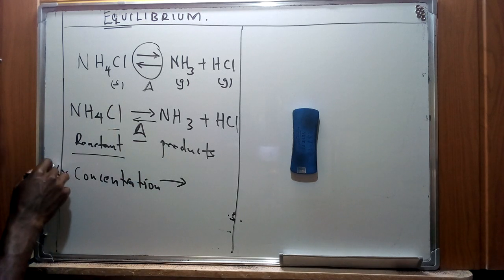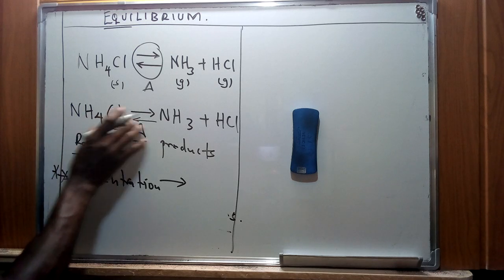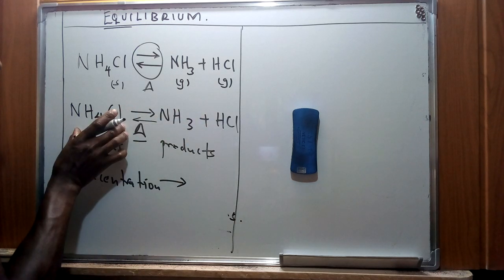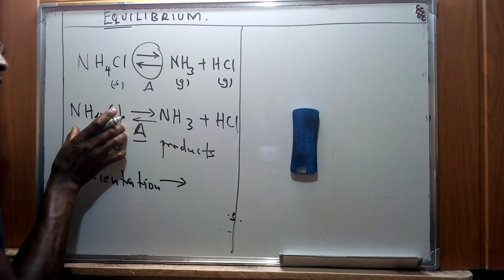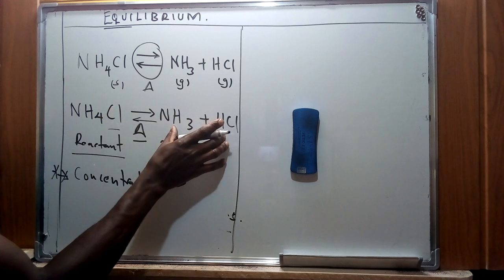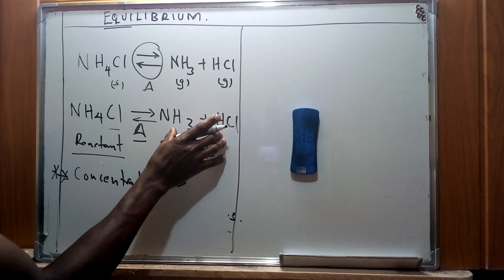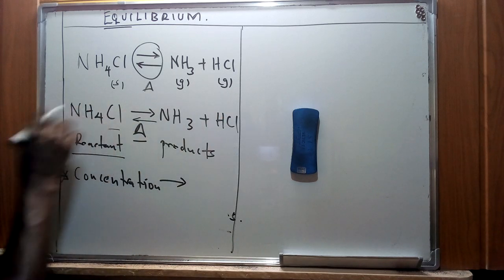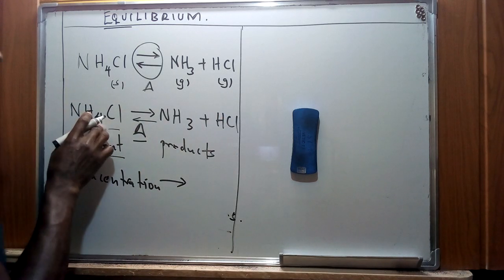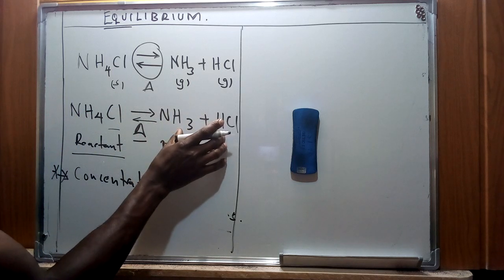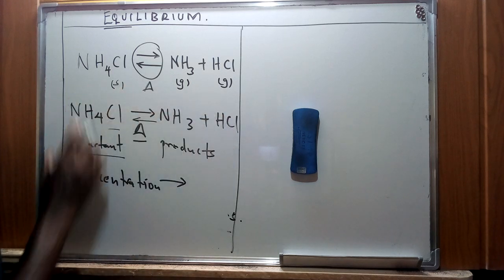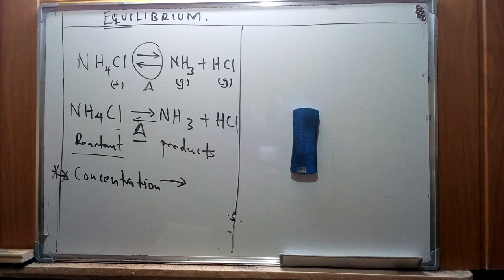But in the first case, due to the formation of the products, the concentration of the reactant decreases. Once there is a particular point when the products start combining again to form the reactant, the concentration of the products is going to decrease as the backward reaction is favored in that particular case.